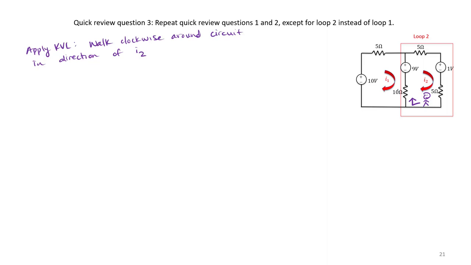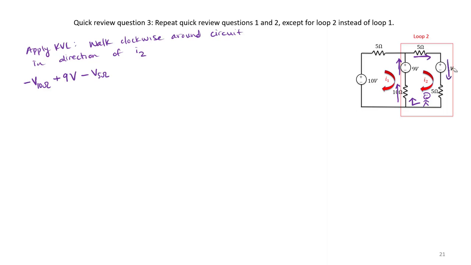So what do I see? Well, first I have a voltage drop across the 10 ohm resistor, so I give that a negative sign. Next, I walk across that 9-volt source. This time I'm starting at negative, ending at positive, so I am treating this as a 9-volt gain. I'm walking across a 5 ohm resistor in the same direction as my current, so I'm going to have a voltage drop.